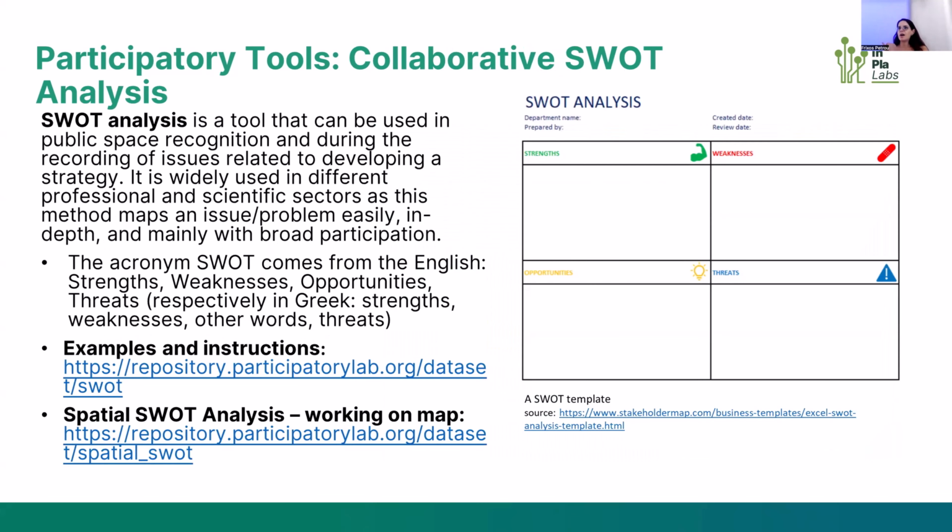Here, we can see the SWOT analysis tool. I don't know if you are from the planning sector. Of course, you have already used it more than 1 million times. It's a tool that can be used to understand the 4 categories of features.